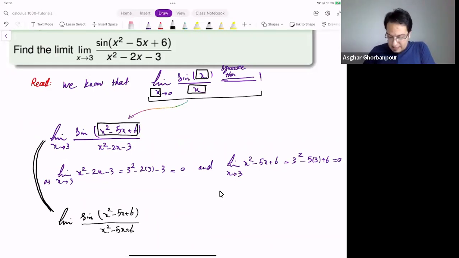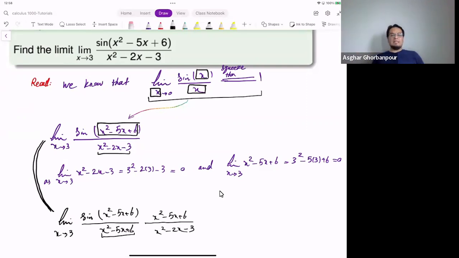Since I divided the expression by that box, I also have to multiply by the same.